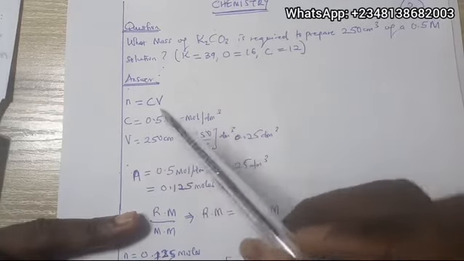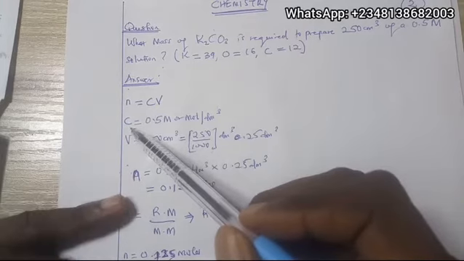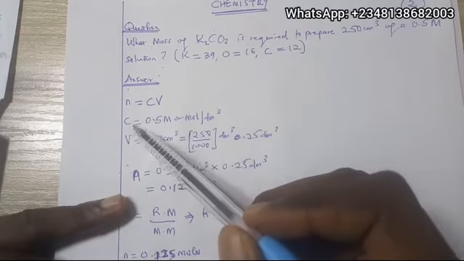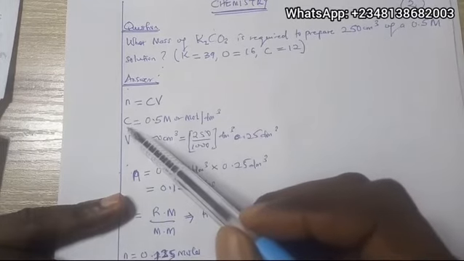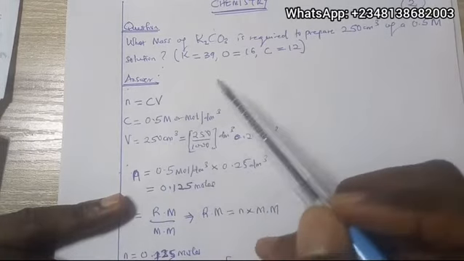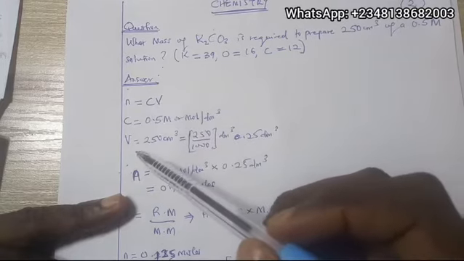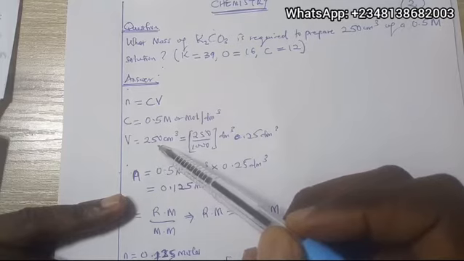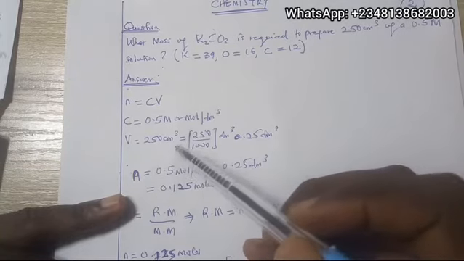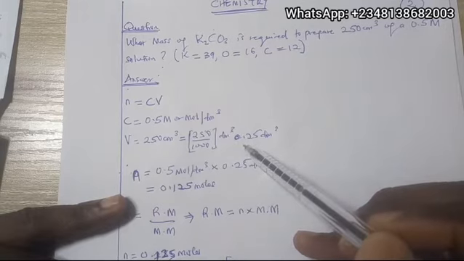Now, from the question, we are looking for n, and we already have C in the question. C is 0.5 molar solution, or 0.5 mole per dm³. Now, V is 250 cm³. If you convert it to dm³, it becomes 0.25 dm³.